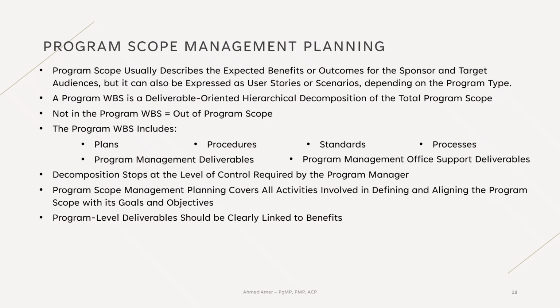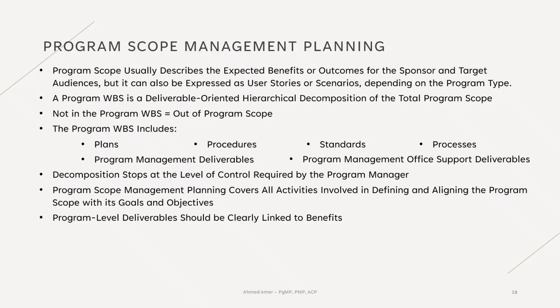Program level deliverables should be clearly linked to benefits and focus on activities related to stakeholder engagement, program level management rather than management within components, and component oversight and integration. Once the scope is defined, a plan for managing, documenting, and communicating scope changes should be created during the program definition phase.